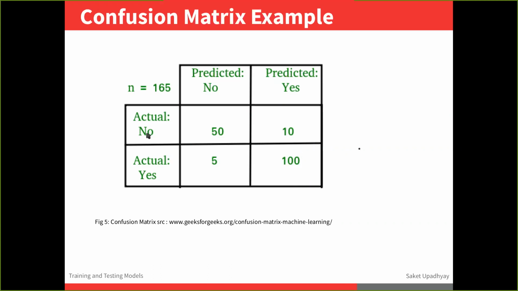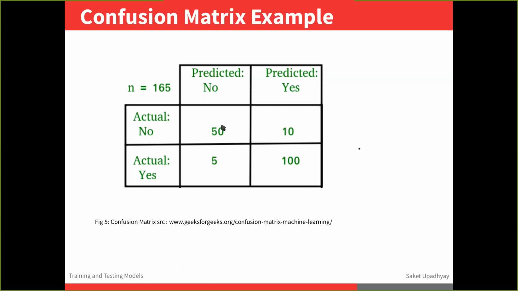Now we will check whether they are actually no, since we know the answers. They were predicted no, and the actual value is also no. That's 50 of them. And 5 of them were predicted no, but the actual value was yes. This is a false negative, because it's saying negative, but that's false.